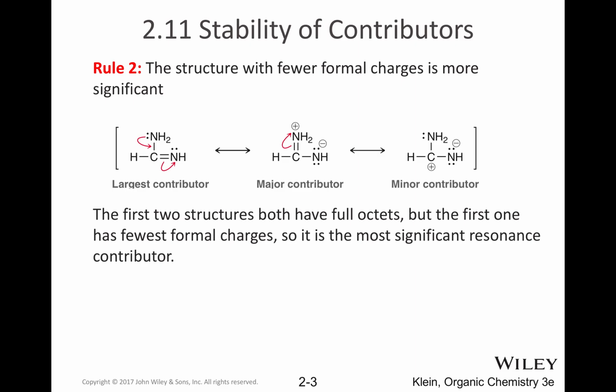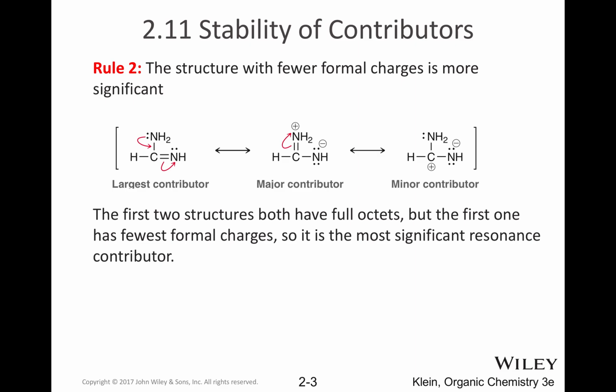The first thing I'd like you to assess is which of these resonance structures is the worst. If you said the last one, or the one most to the right, good job. Okay, this is the worst resonance structure. Why?